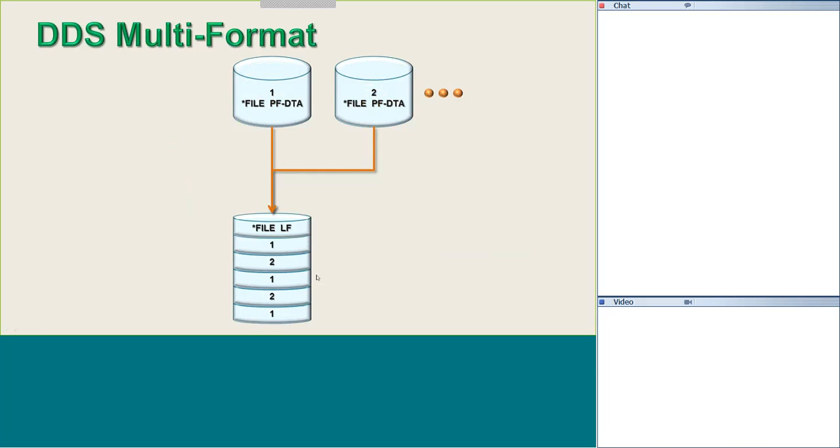If you have 3 or 4 physical files, you can merge those together. You can specify keys to control how they merge. You can even use null keys because some files may not have fields that allow you to put them into keys. And so you merge them together. And then when you read the file, you've got all the records that you want in the order that you want them.